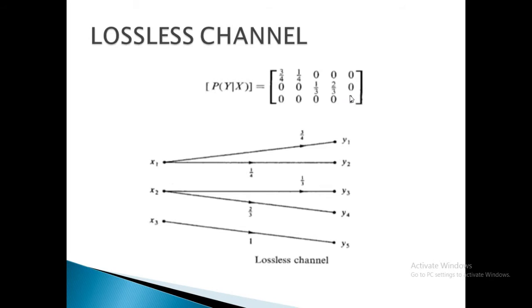This is the lossless channel. In a lossless channel, every column of the transition matrix has only one non-zero element. And then if we add a row of the probability matrix, we will get 1. The probability is 1.